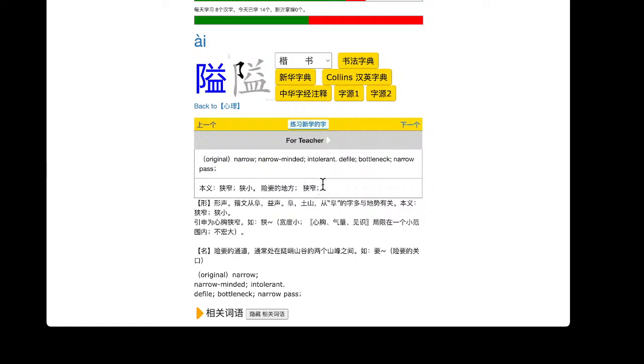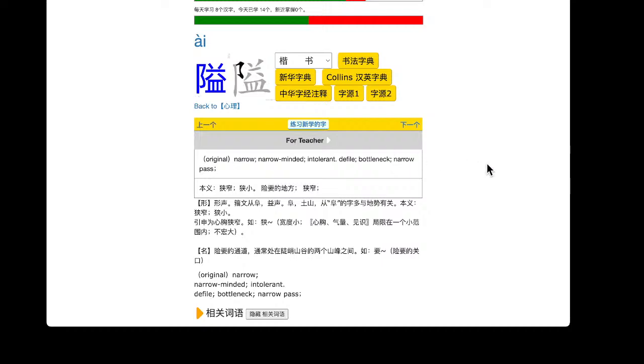So let's take a look at it, 隘. This one goes with the mount radical on the left. Every time you see that, it means it has something to do with mountains, mountain ranges, something like that. The right hand side is a character called 益, with the mouth radical on top. That character has the meaning of narrow. Putting this together, it means a narrow passage in a mountain range.